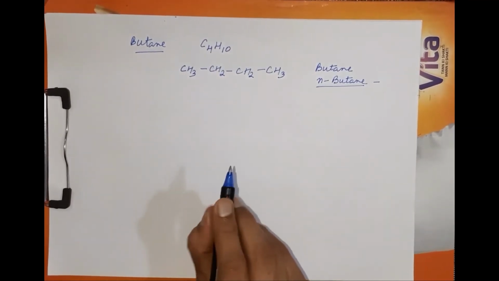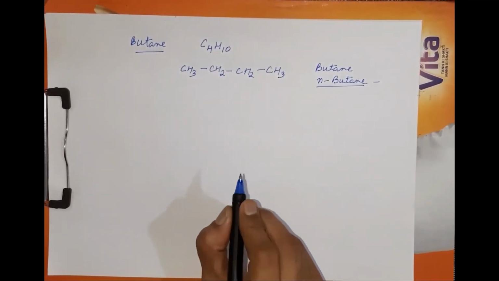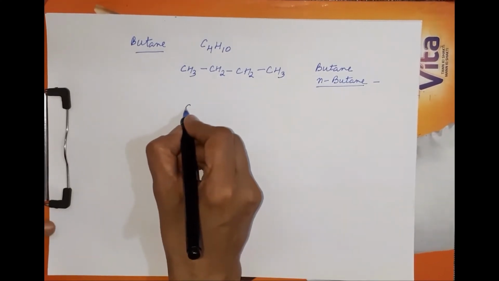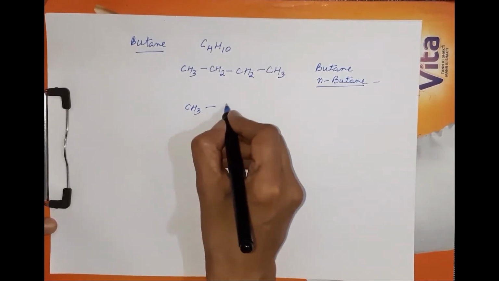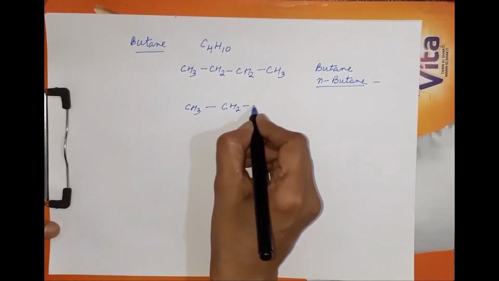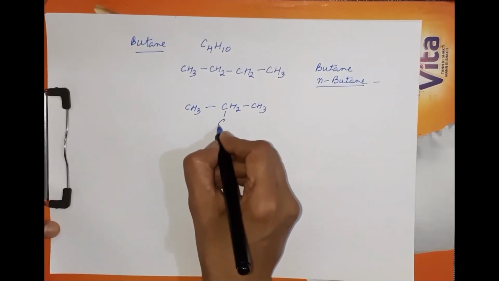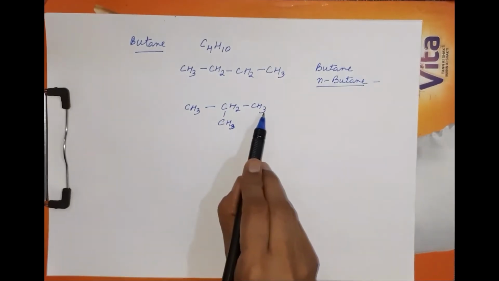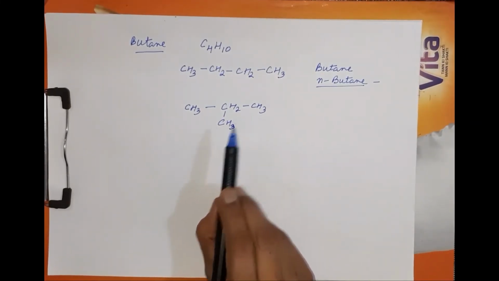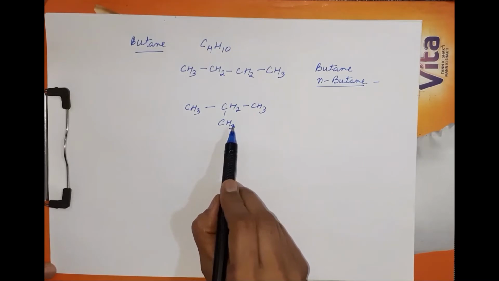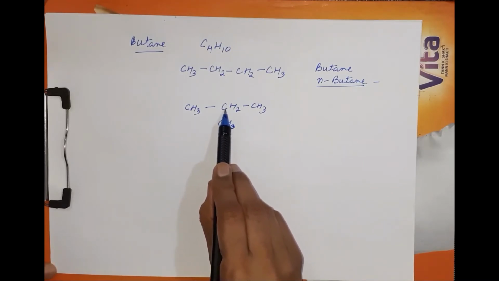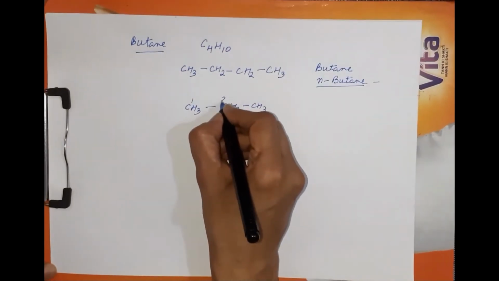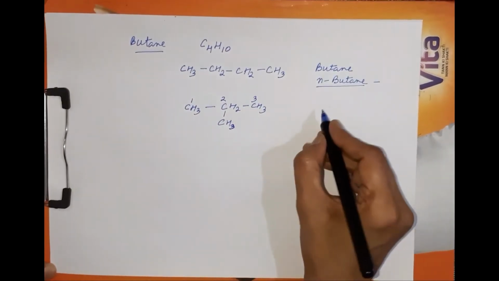So the next possibility for writing this butane is, how can we write in the next possible way? This is the next possibility. So here I have taken the 3 carbon atom chain and 1 methyl group I have attached to this central carbon atom. So what will be the IUPAC name in this case?